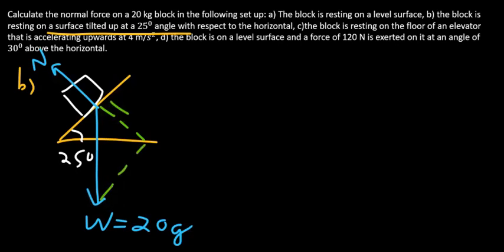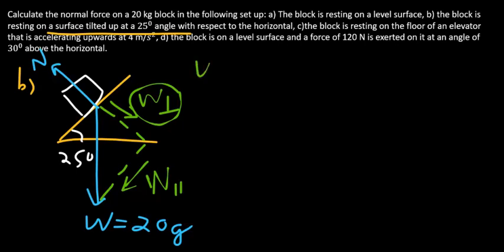One component is acting in this way. We can call it the component of weight that is perpendicular to the plane. And another component of that weight acts like that, which is the component of the weight parallel to the plane.